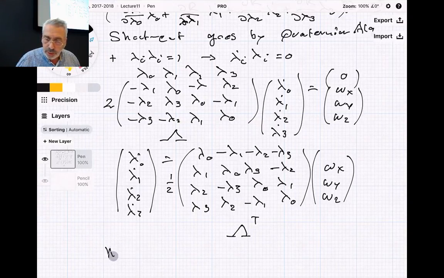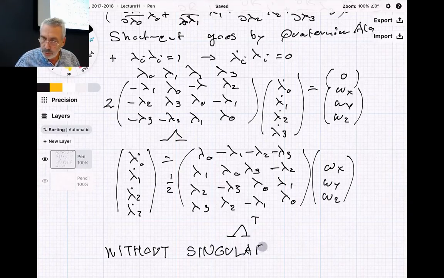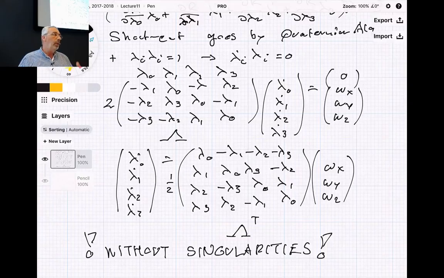But the main thing is this: without singularities. And that is a very important thing. So now when we do our calculation, everything is nice and smooth, and we do not have to reformulate our rotational parameters.